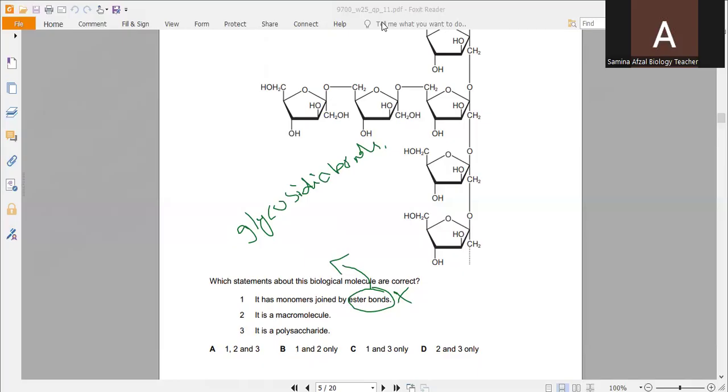Yes, this is correct. It is a very large molecule, a polymer, since this shows a long chain of repeating units. Third, it is a polysaccharide. Yes, the individual units are monosaccharides. When many of these are linked together with the help of glycosidic bonds, they form a polysaccharide. So statements 2 and 3 are correct, and it means D is the correct option.